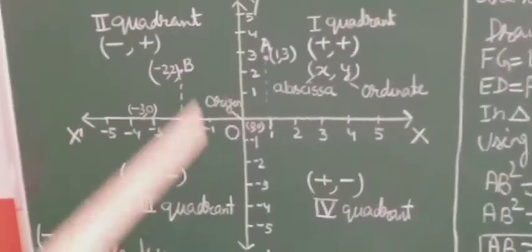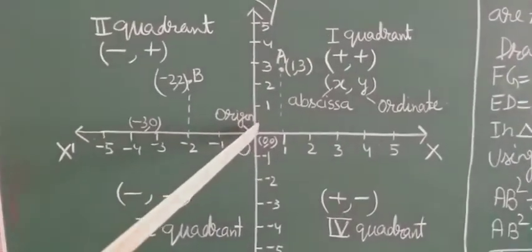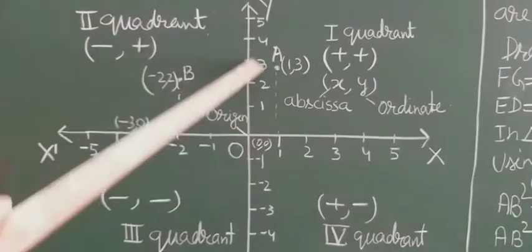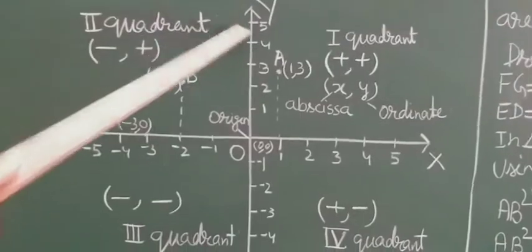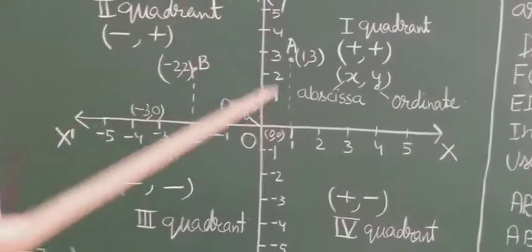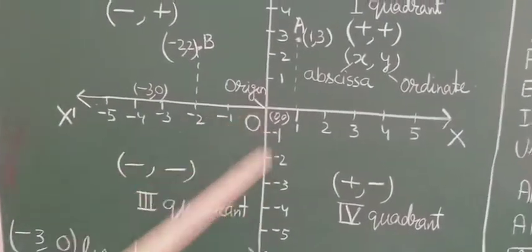And students, on the y-axis the positive values are above the origin and negative values are below the origin.